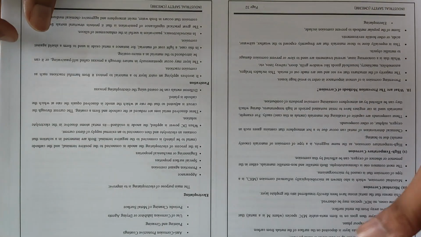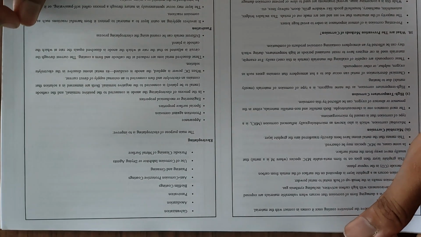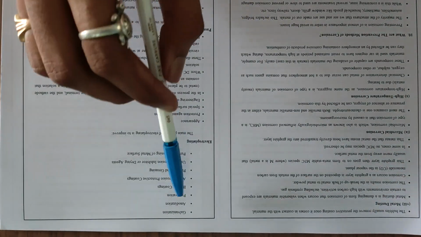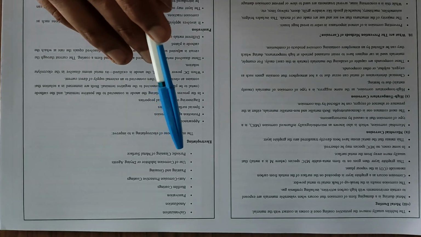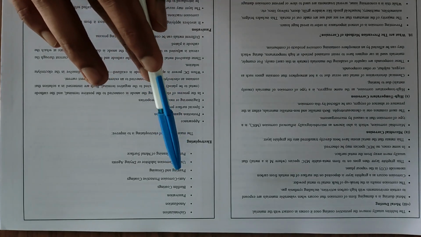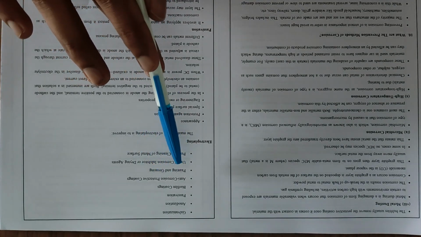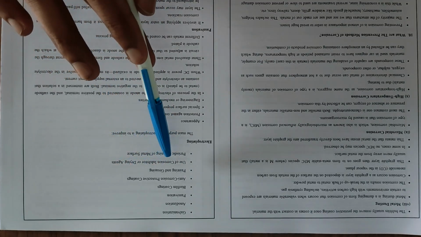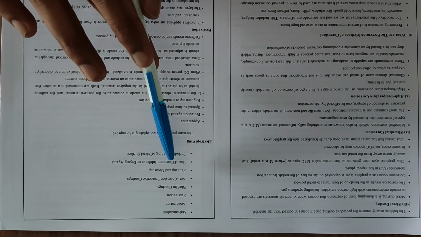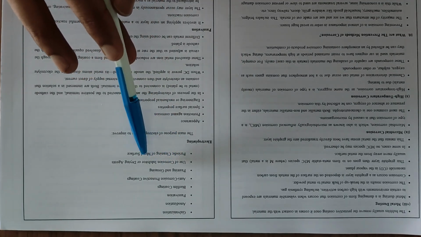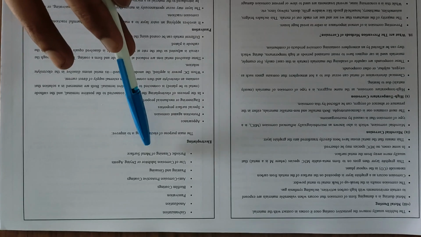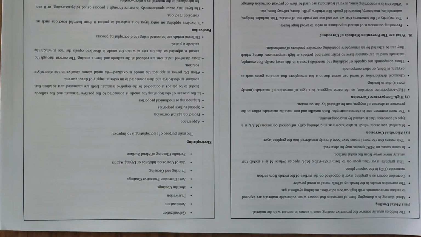Some of the popular methods to prevent corrosion include electroplating, galvanization, anodization, passivation, biofilm coatings, anti-corrosion protective coatings, painting and greasing, use of corrosion inhibitors or dyeing agents, periodic cleaning of metal surface.